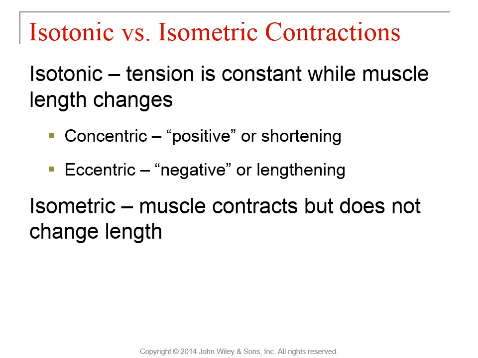The band actually will increase the strength to maintain your position. In this case, the muscle contracts but does not change in length, but the load does become stronger. So you're basically holding a static position, and they're increasing the tension on the band, which is called isometric contraction.